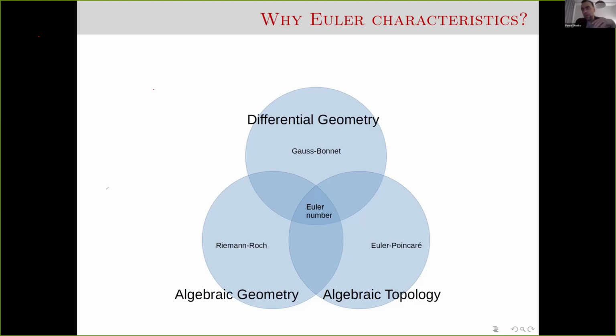And there are many, many more results in which the Euler number is present. So unlike persistence diagrams, which are a pretty new creation, the Euler number has been with us for a long time. And we can use it to actually prove something about our methods. I will give you one example later on.